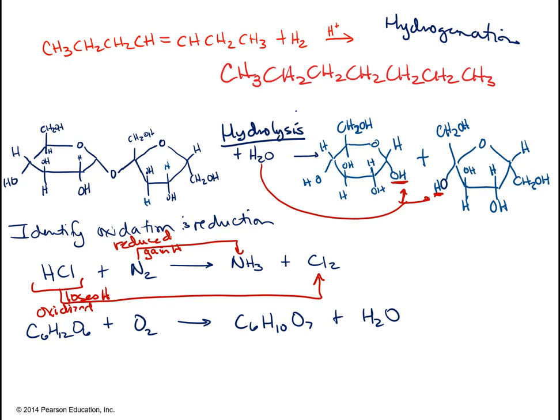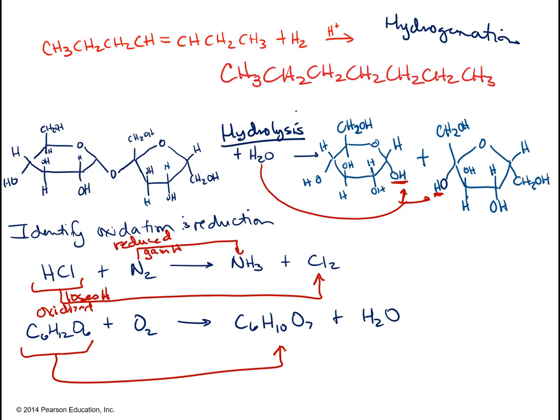So what happens in this one? C6H12O6, so that's a sugar, plus oxygen makes C6H10O7 and water. What is the most similar product to C6H12O6? You see that looks the most like it, so we're doing this comparison. What happened?